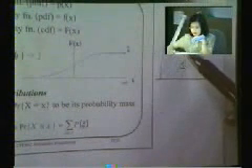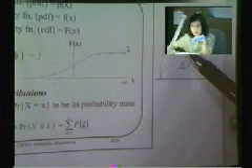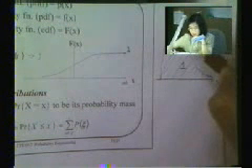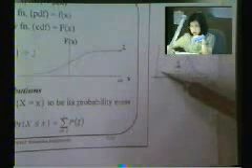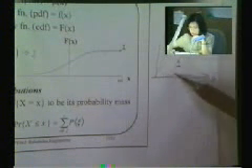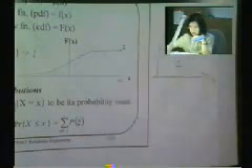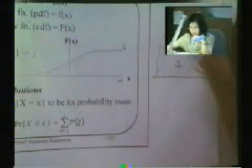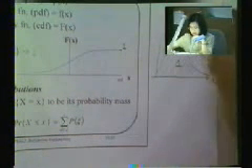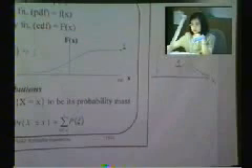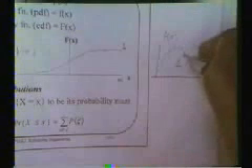Small f(x), this is PDF, probability density function. So the area under the graph would be CDF, cumulative density function, right?